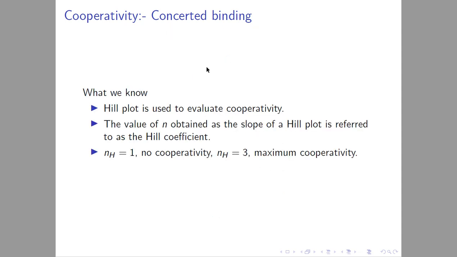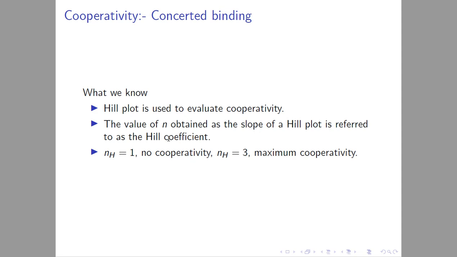Okay, so this Hill plot is used to evaluate cooperativity. So for hemoglobin n is 3, and the value of n obtained as the slope of the Hill plot is referred to as the Hill coefficient.